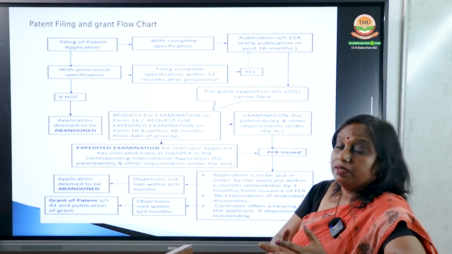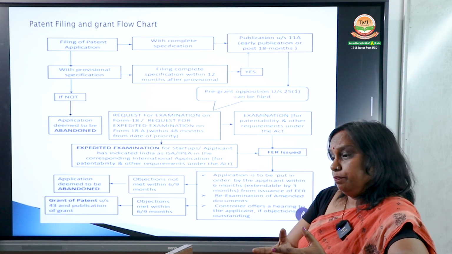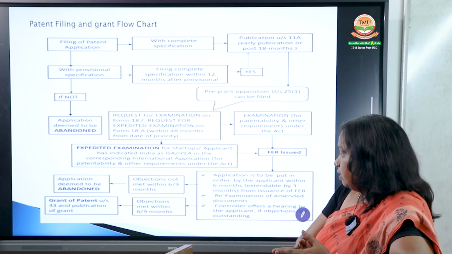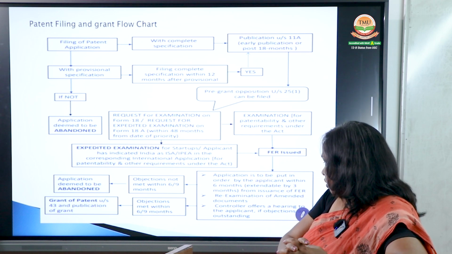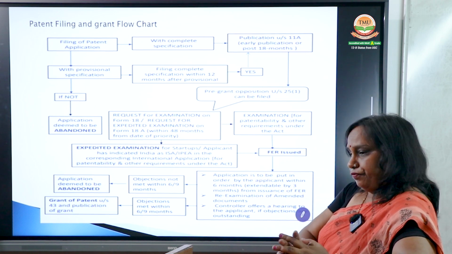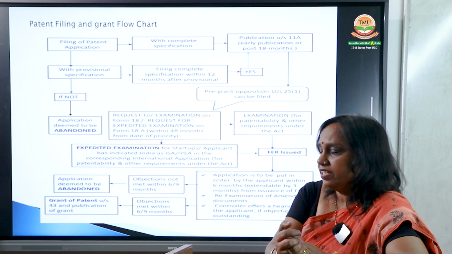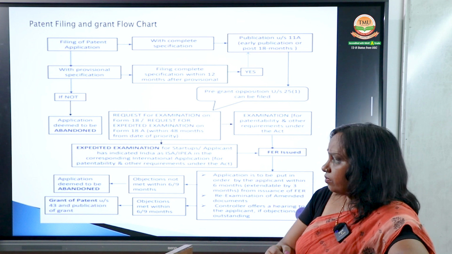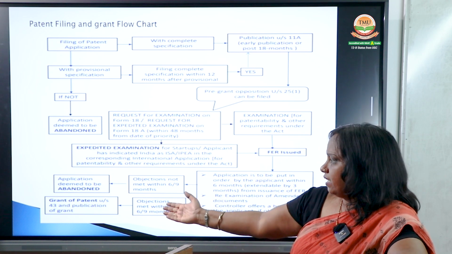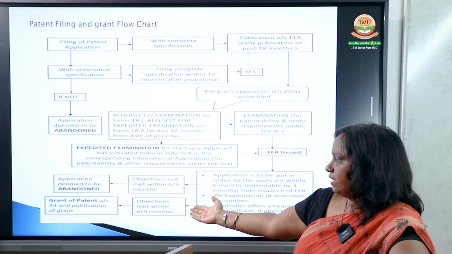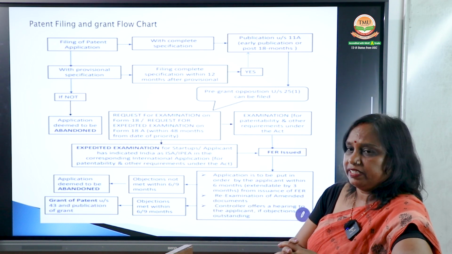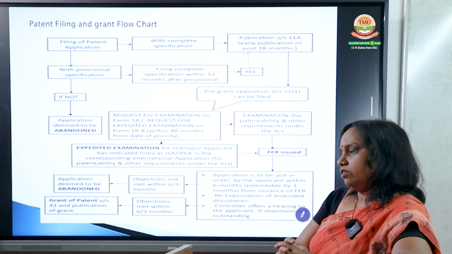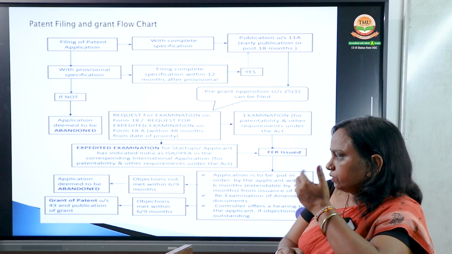The inventor has to provide the particular information, and then it is heard by the Controller General, and if the objection is satisfied, then finally the patent can be granted. This objection must be met within a period of 6 to 9 months. If an objection is taken by the examiner of the patent, then it has to be satisfied.